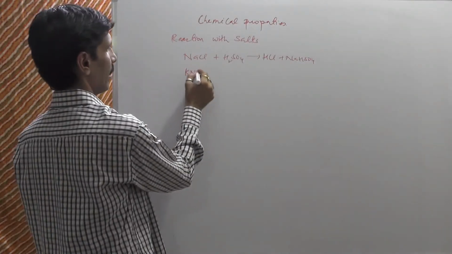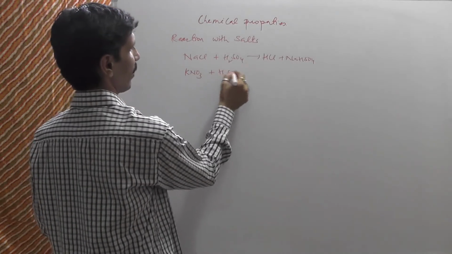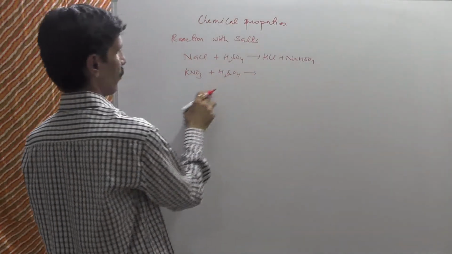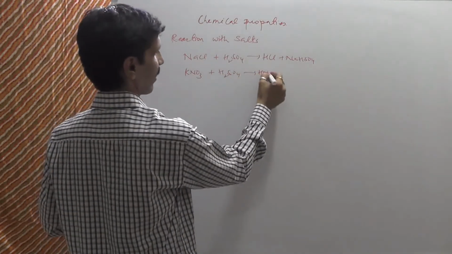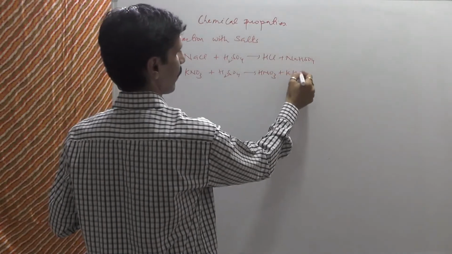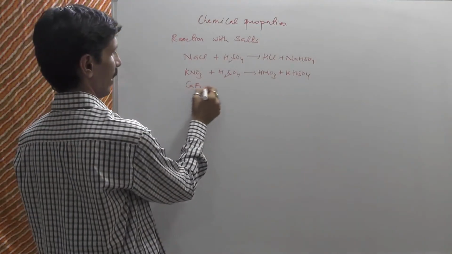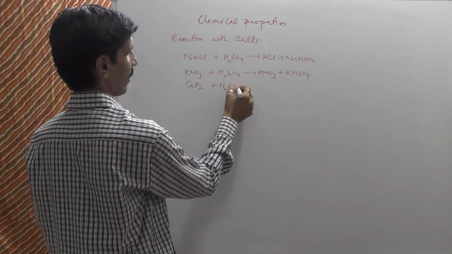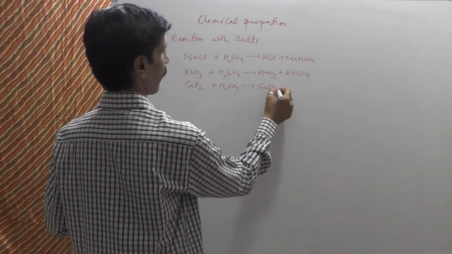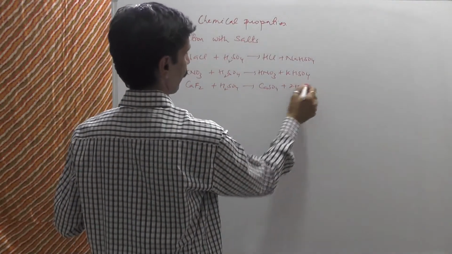Next is KNO3 plus sulfuric acid. Similarly, one H will go with NO3, it will give you HNO3, and plus you get potassium hydrogen sulfate. This is sodium hydrogen sulfate. Calcium fluoride plus sulfuric acid, that is going to give you calcium sulfate and HF.